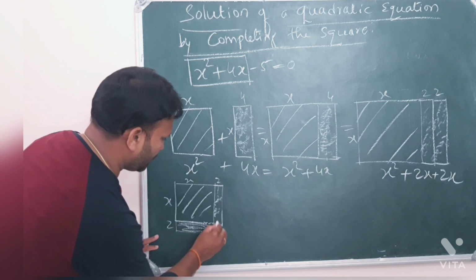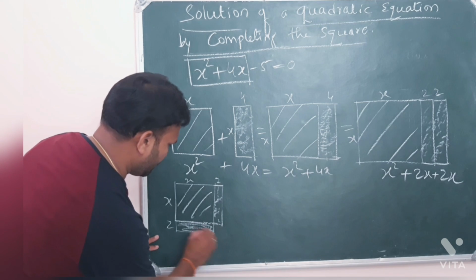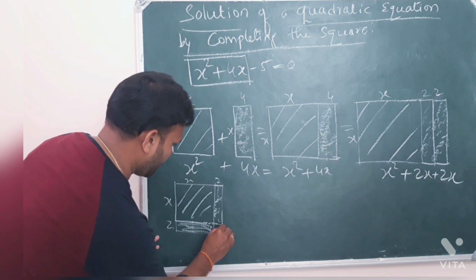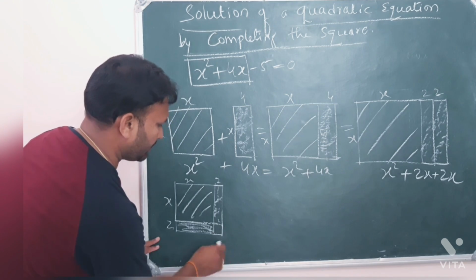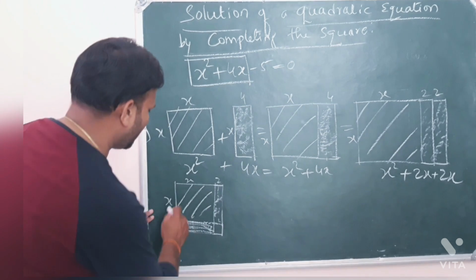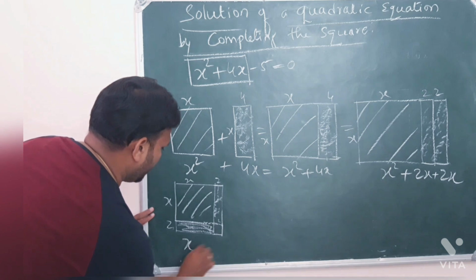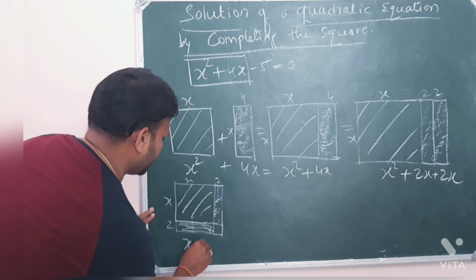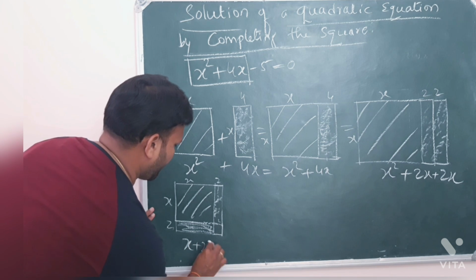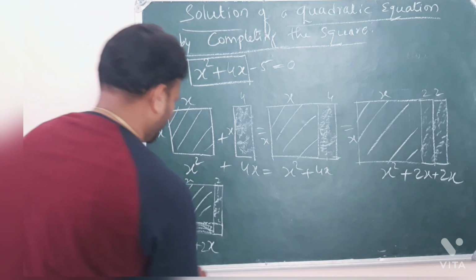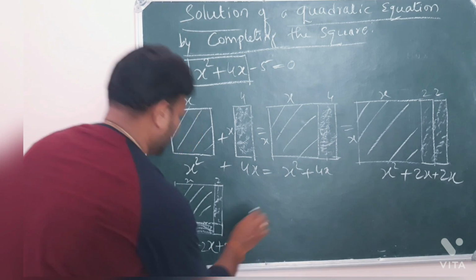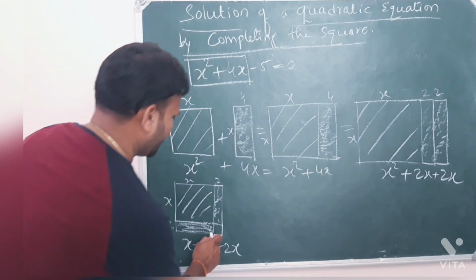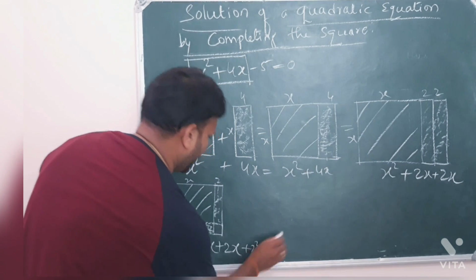2 here, 2 here. If I join 2 and 2, it will become 2 square. So here x square plus 2x plus 2x and 2 square.